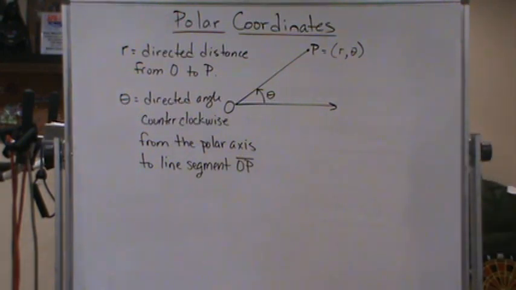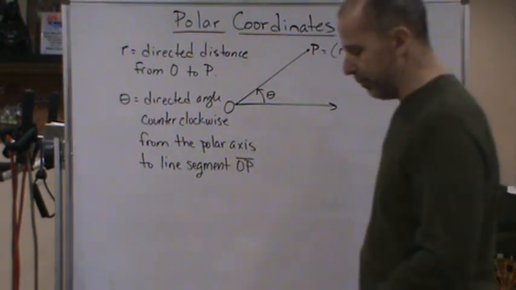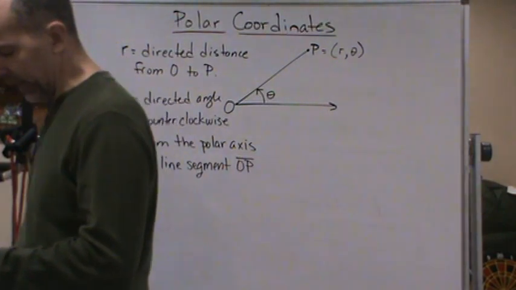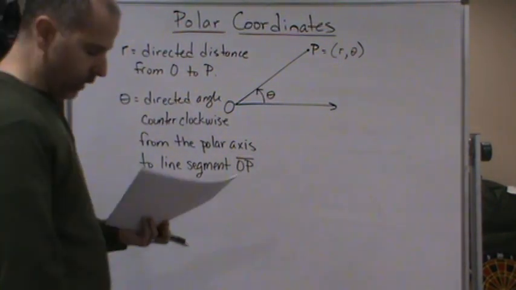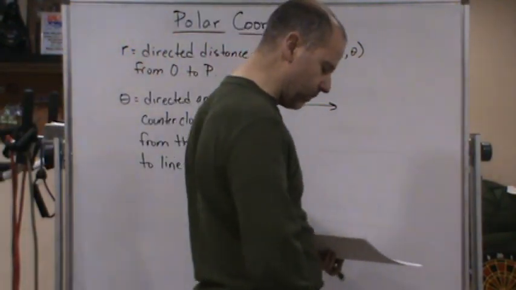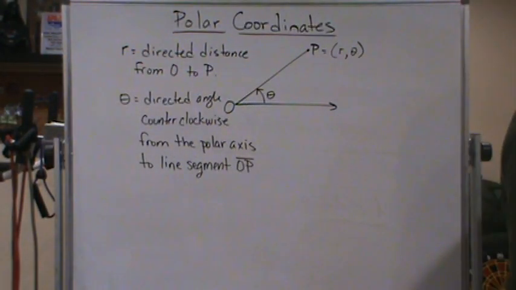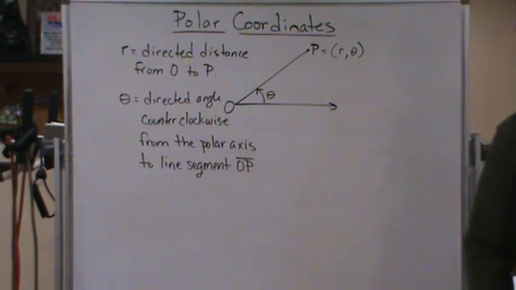Now we're going to introduce another alternative way to describe a point in a plane. In the x-y coordinate system, the rectangular or Cartesian coordinate system, we have an origin, and everything is with respect to the origin.